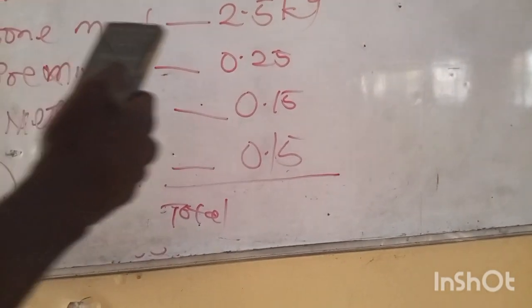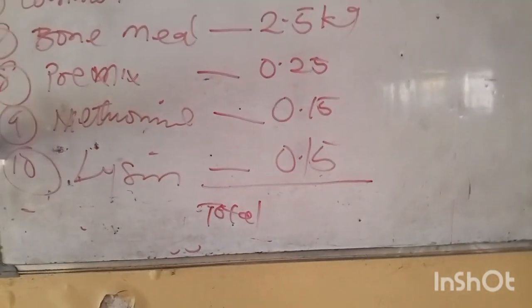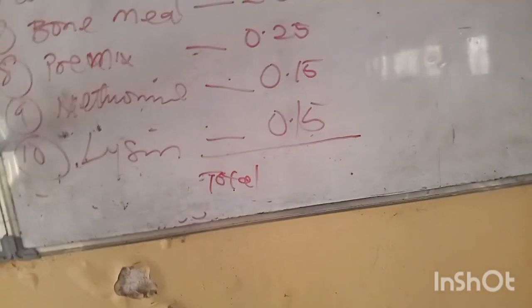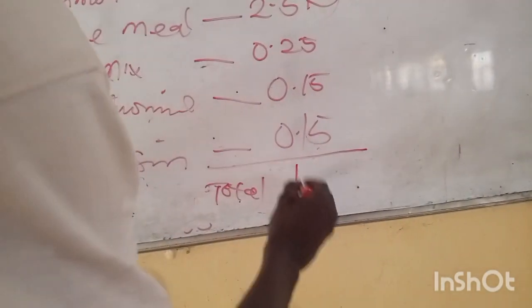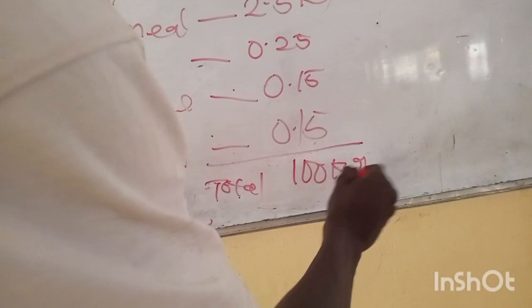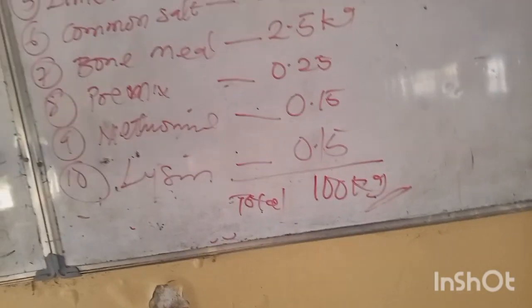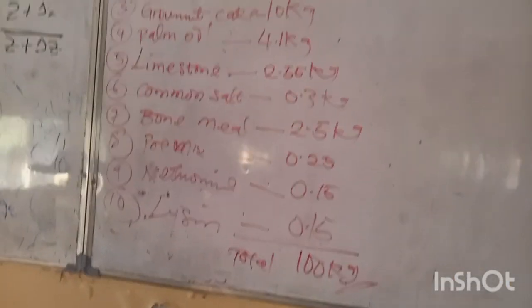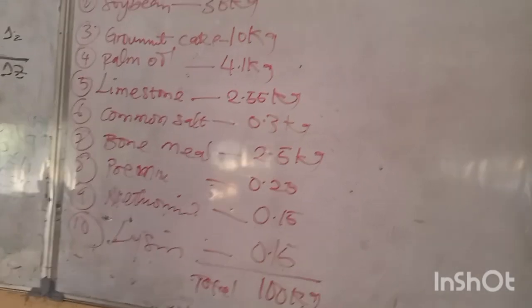Now, if you total everything here, it is 100 kg. You understand now? So everything here has to be 100 kg.